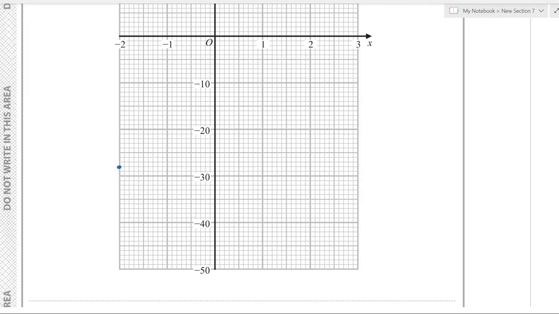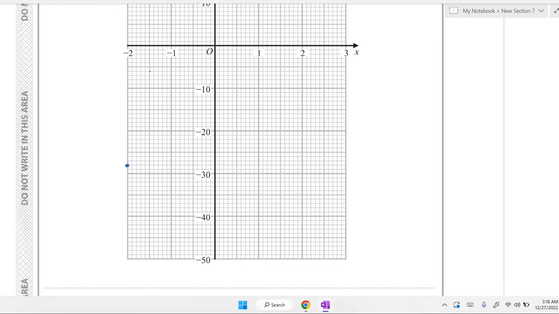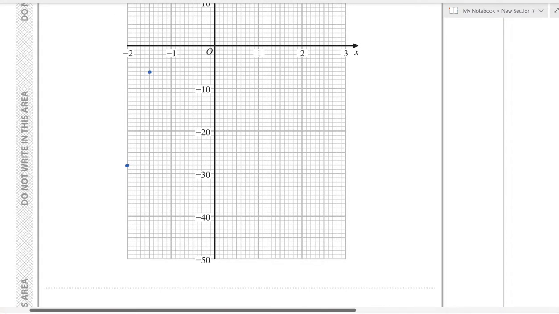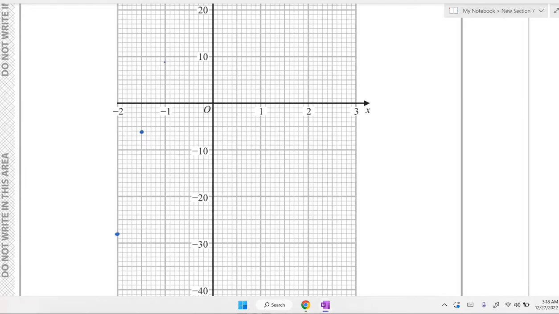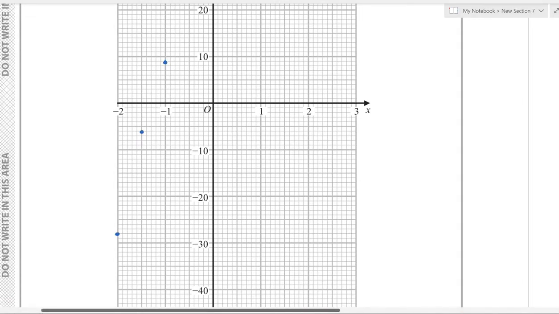The second point was -1.5 and -6. So -1.5 and -6 is here. The other point was -1 and positive 9. -1 and positive 9 is here.